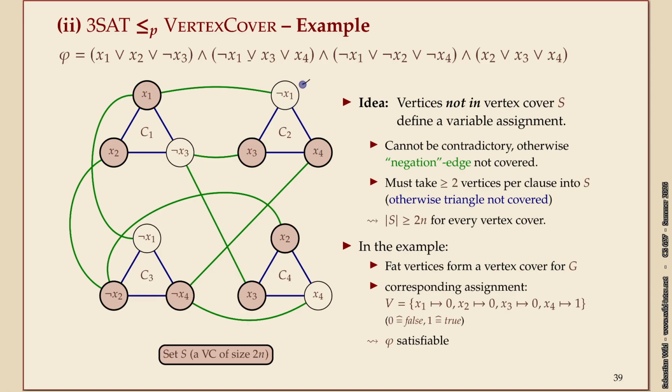So here you would read off an assignment of the variables that satisfies the formula by setting x1 to false, x3 to false, x1 to false again, okay, and x4 to true, and that should satisfy this formula. Now the thing is, if there's a way to pick from each triangle 2 vertices such that all the green edges are covered, then you exactly satisfy the formula, and that's an if and only if. It goes both ways.